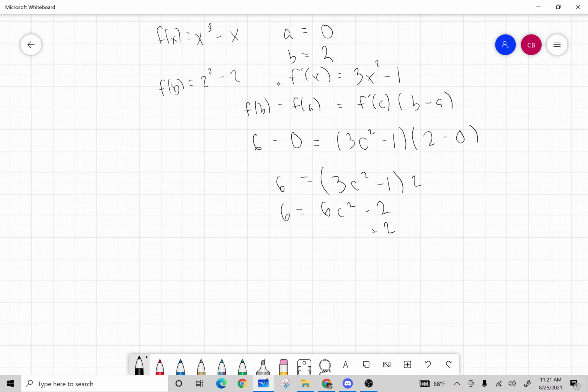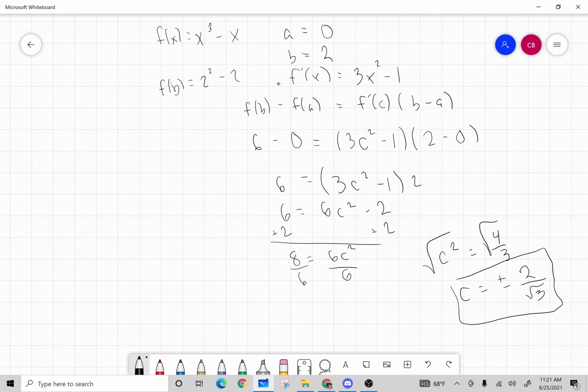We add the 2. 8 is equal to 6c squared, divided by 6. c squared is equal to 4 over 3, take the square root. And now c is equal to plus or minus 2 over the square root of 3.